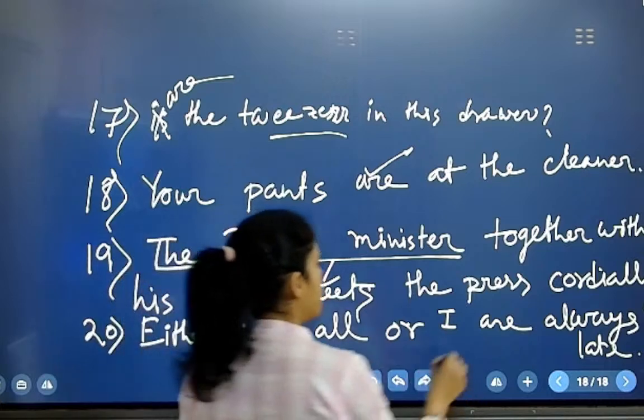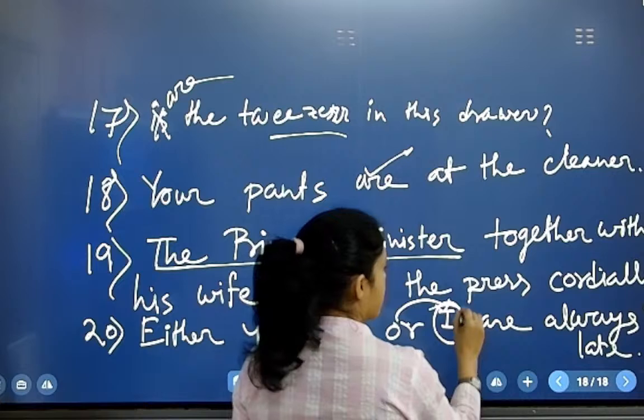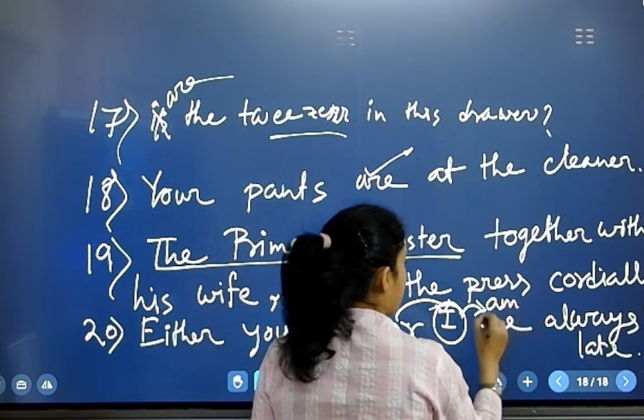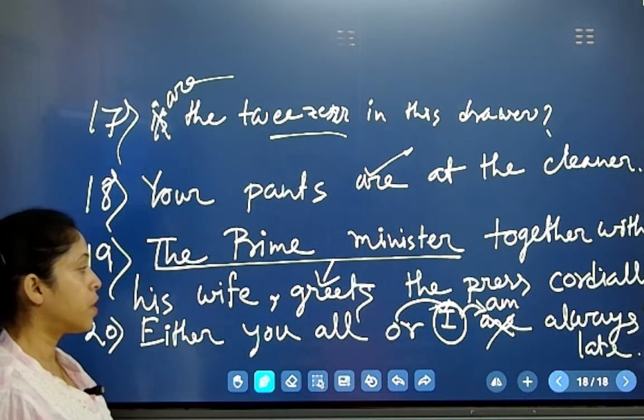So it will be wrong. After "or," the second subject is I, and I is not followed by "are." It is always followed by "am." So "are" is wrong here. Either you all or I.